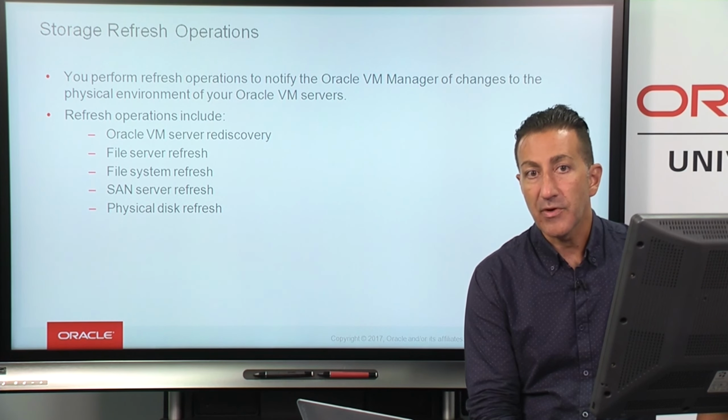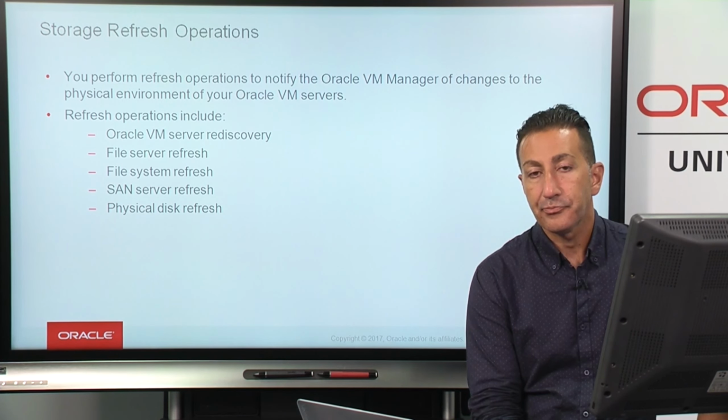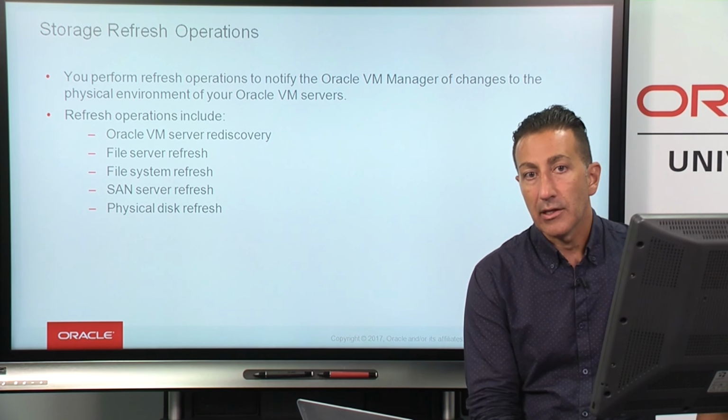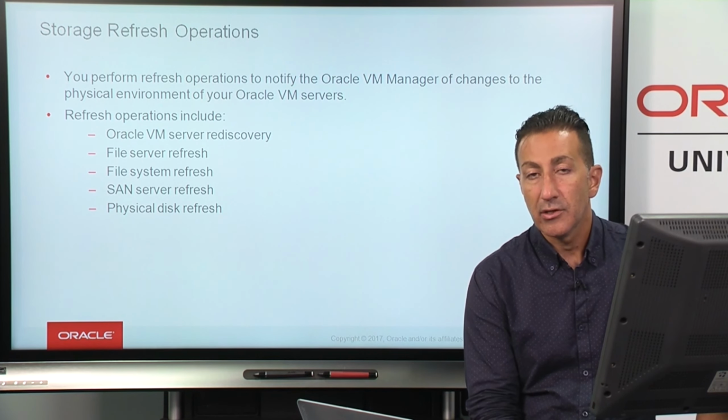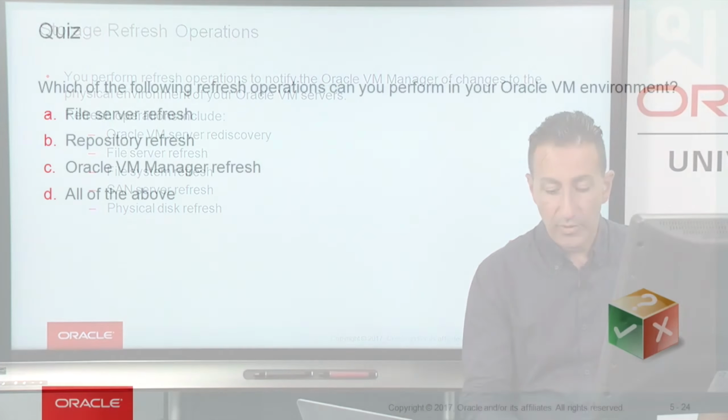Also, the file server refresh is to detect, for example, new NFS shares, right? File system refresh is, for example, to detect new local storage. Also, you have the SAN server refresh to detect new or modified LUNs, and physical disk refresh is when you take an action on a specific LUN, much like resizing the LUN, you have the option to refresh this.